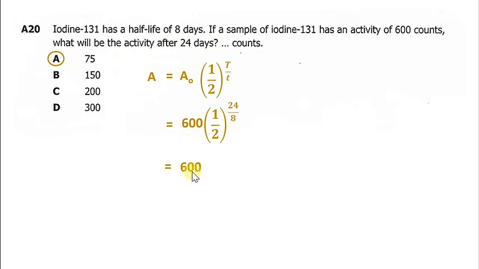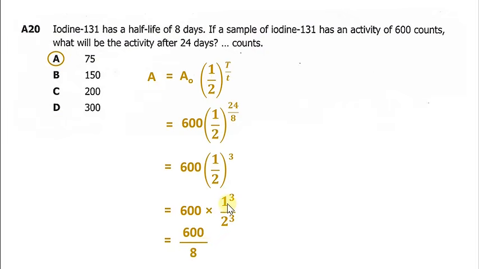Then 24 divided by 8 is 3, so to the power 3. So 600 times 1 over 2 all to the power 3. I just distribute this power, so 1 to the power 3 and 2 to the power 3. 1 to the power 3 is just 1, and 2 to the power 3 is 8, so it will be 600 over 8.